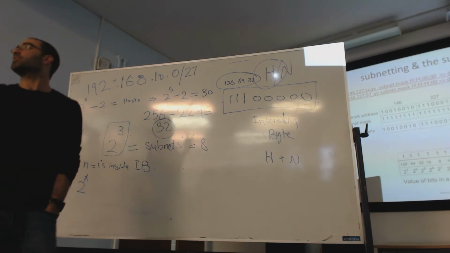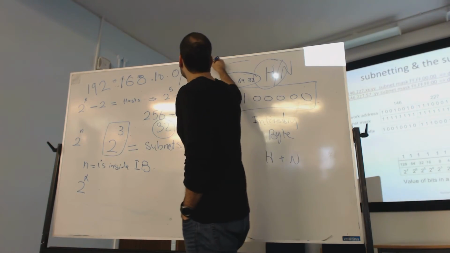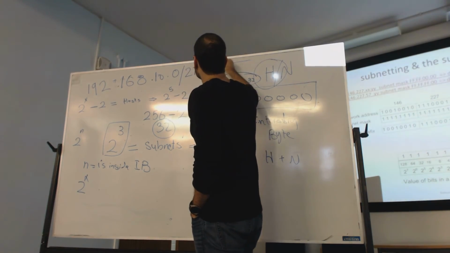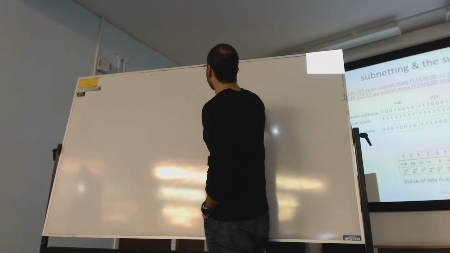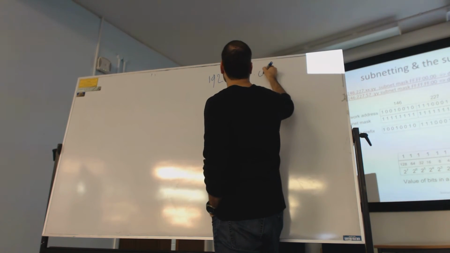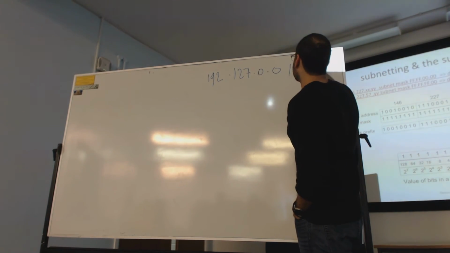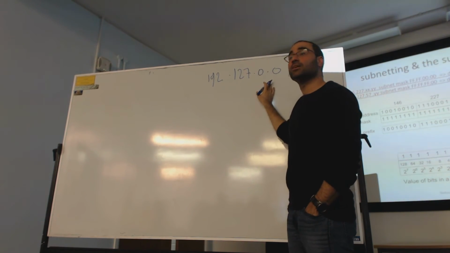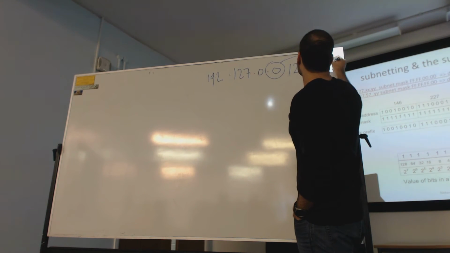So the address difference between each subnet is the increment. If I had an address here as 192.127.0.0, and I measured here 27. The increment means the next subnet should have, in this byte of interest, 32.